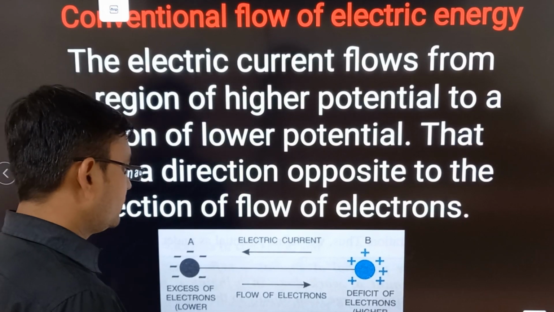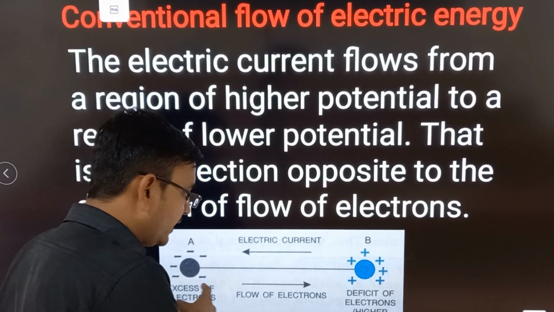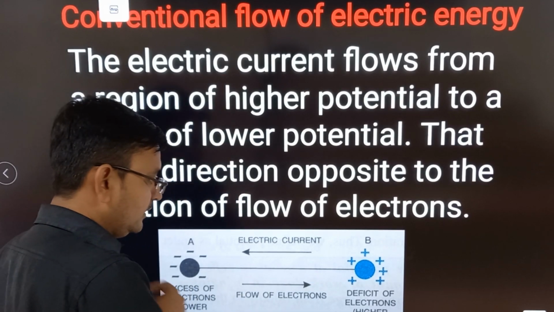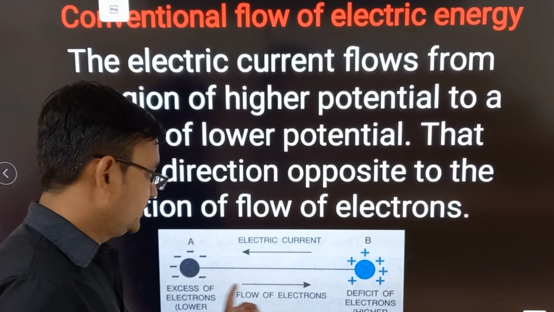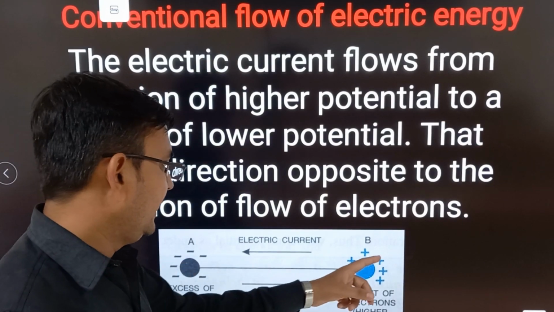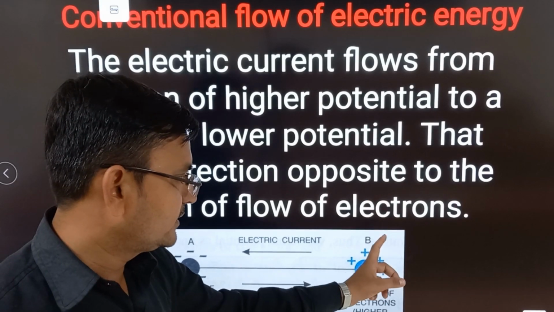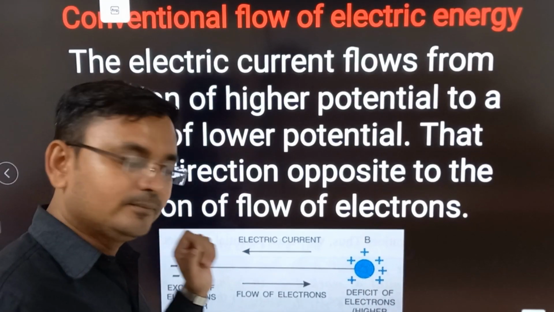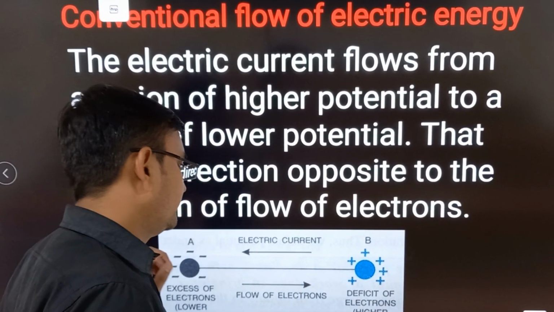Okay, so electrons are flowing from left to right. This arrow represents the flow of electrons. And electric current means positive charges are flowing from B to A. Okay, so it is the electric current.